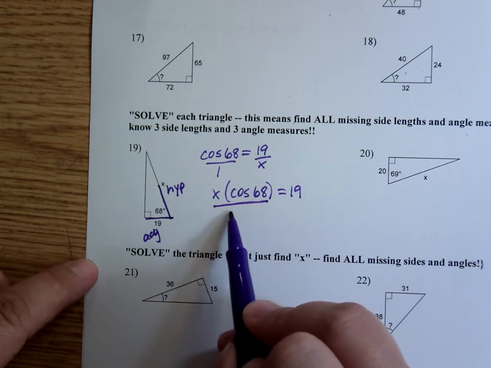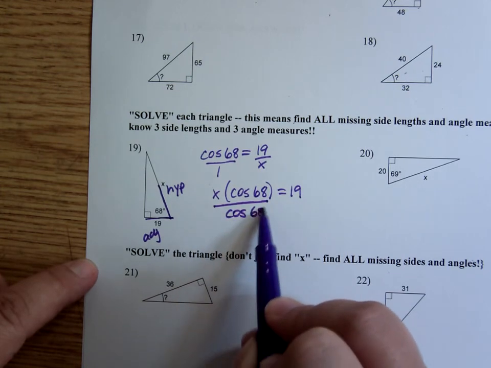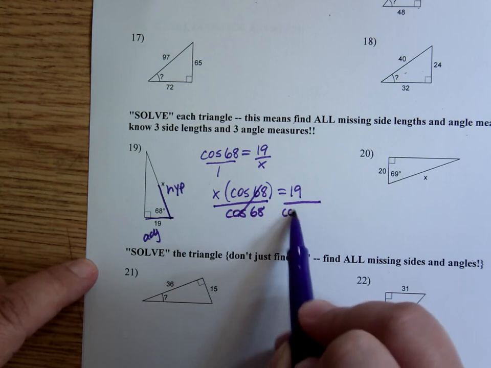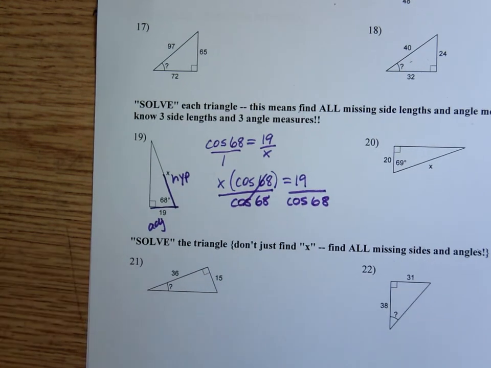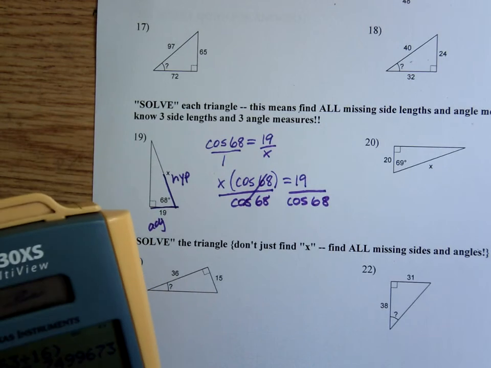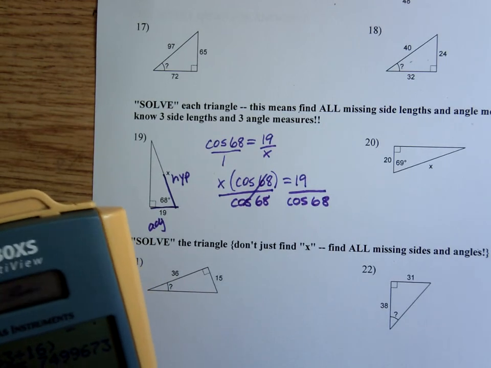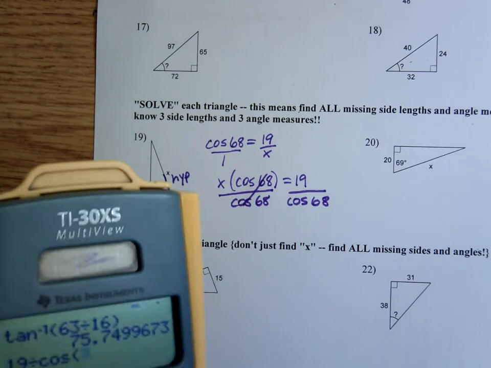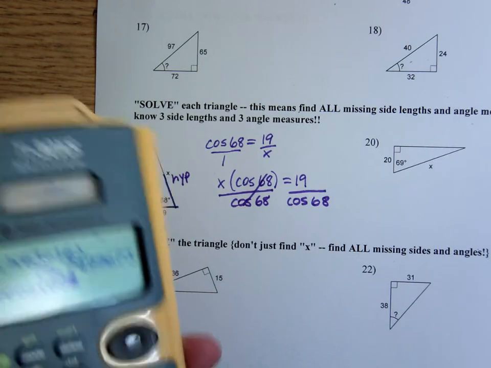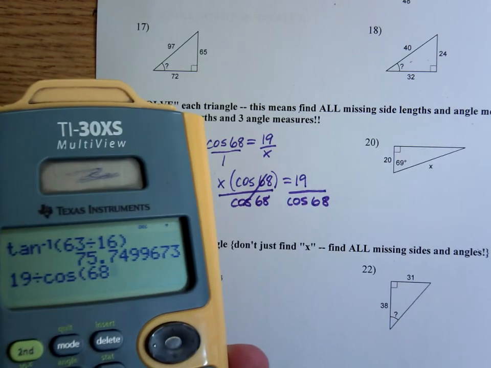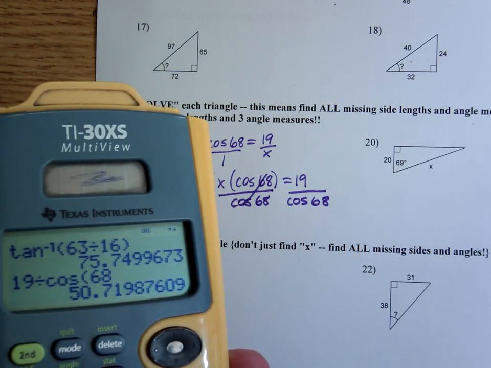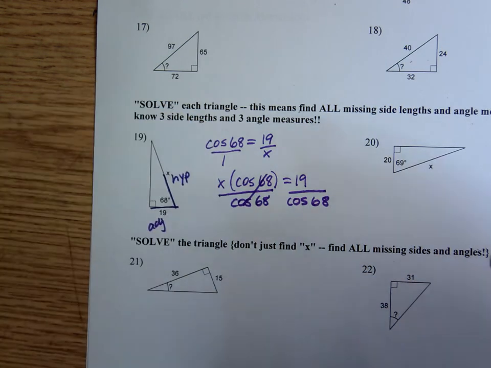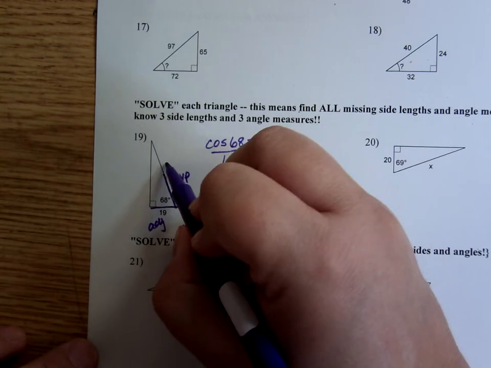X is still not alone, so I've got to keep going until X is alone. Solving my equation, now X is alone, and this is what I put in my calculator: 19 divided by cosine of 68. And I get 50.719, so 50.7. Okay, so X is 50.7.